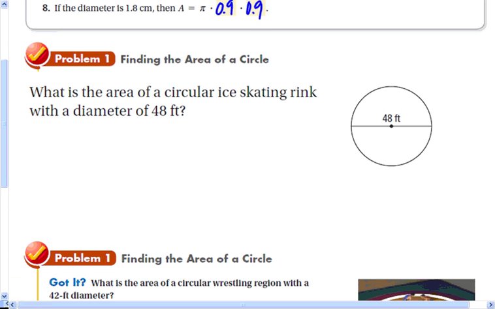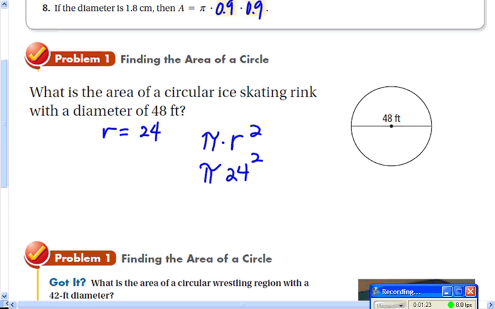So, the area of a circular ice skating rink, and we can leave that in terms of pi or not. If the diameter is 48, then that means the radius is 24. So we're going to do pi times the radius squared, so pi times 24 squared. We just have to find 24 squared, and 24 squared is 576, so 576 pi.